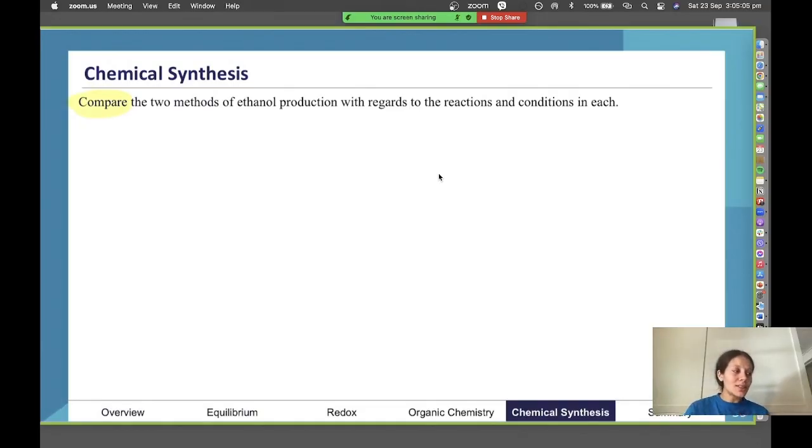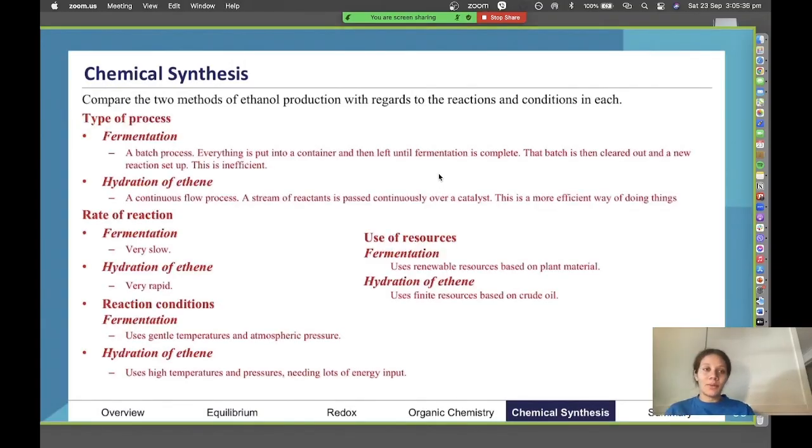And then contrast is when we're pointing out the differences between two things. Let's double check. Yes, so contrasting is specifically outlining the differences. Comparing is looking at similarities and differences. So we'll go straight onto the answer and have a look at this.